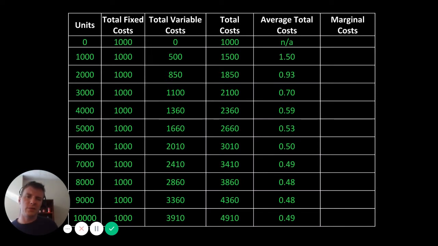So economies of scale are the phenomenon where average costs decline as a function of units produced, right? And the reason is because the total fixed costs, $1,000 here, can be spread out over more individual units of production, and that allows the average cost to decline. We have one more column to fill in here, and that is marginal costs.